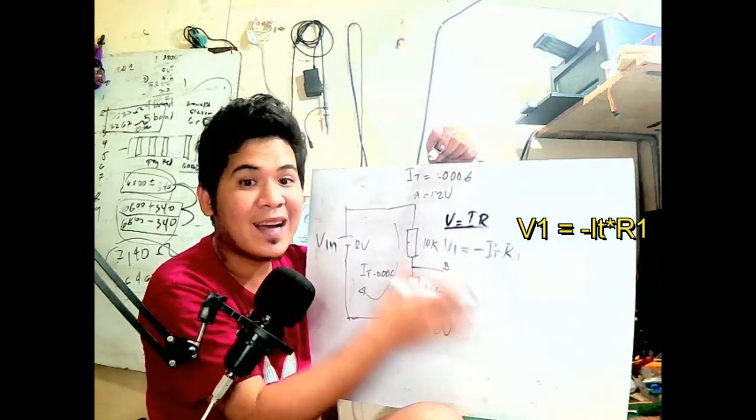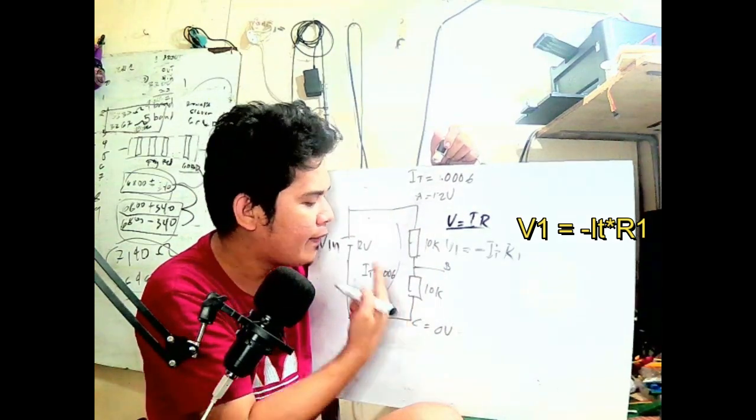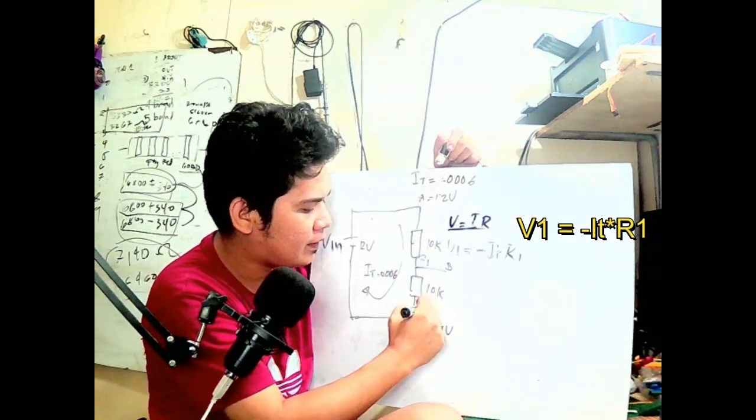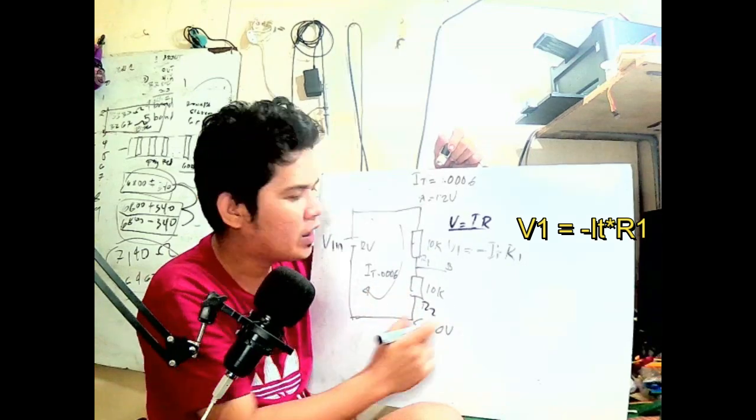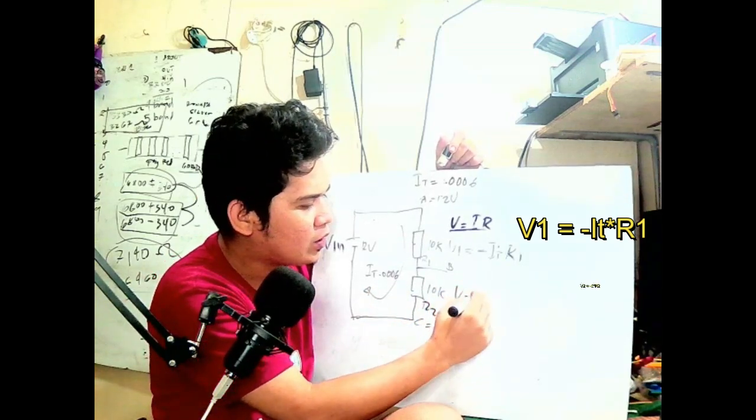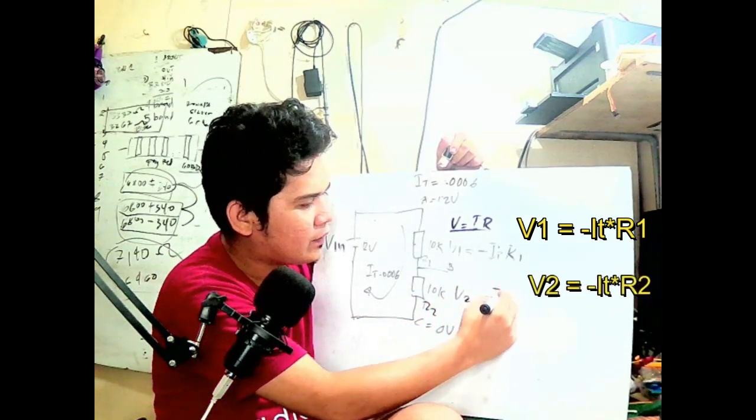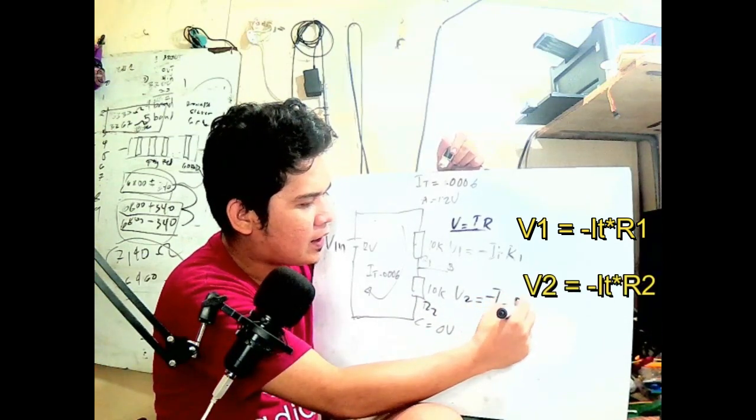Yung voltage drop at resistor 1. While sa voltage drop sa resistor 2, we can say that V2 is equal to negative I total times R2.